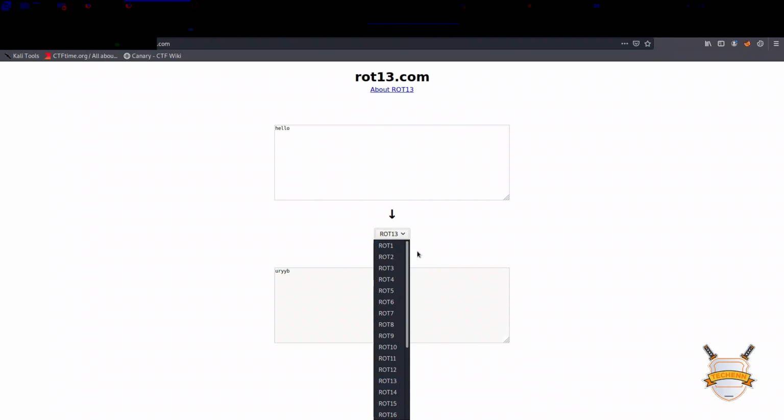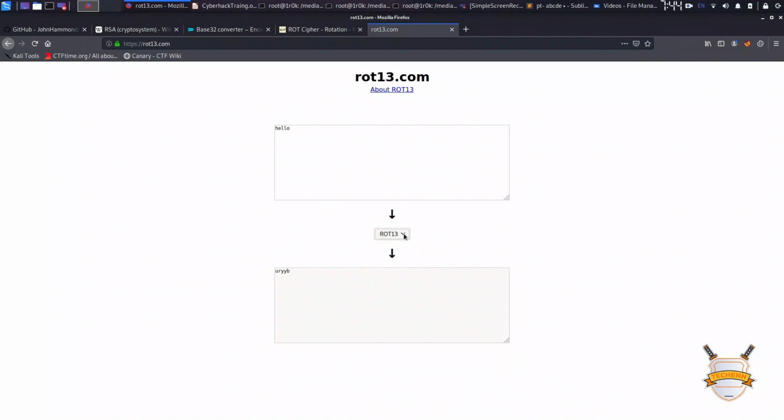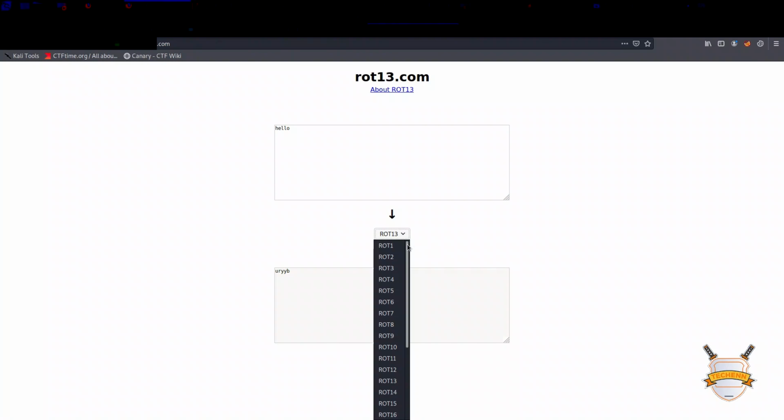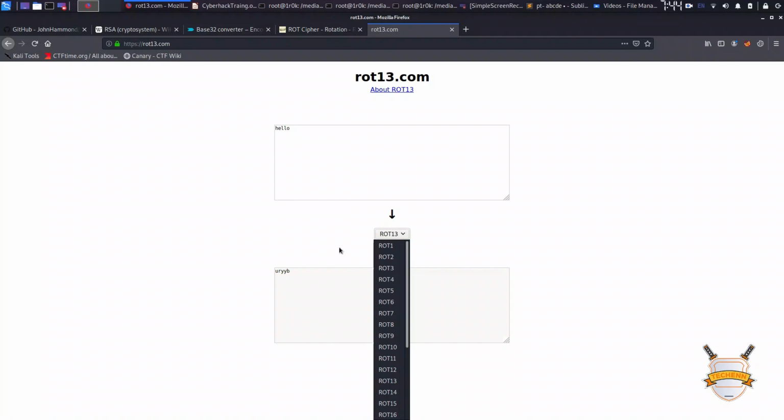There can be 25 rotations, because there are 26 letters in our alphabet. If you do ROT 26, it will be the same as itself. If I perform ROT 26 on hello, it will be hello itself. If I perform ROT 2, or I can say the key is 2, the text will be this. If I perform ROT 13, it will be this.